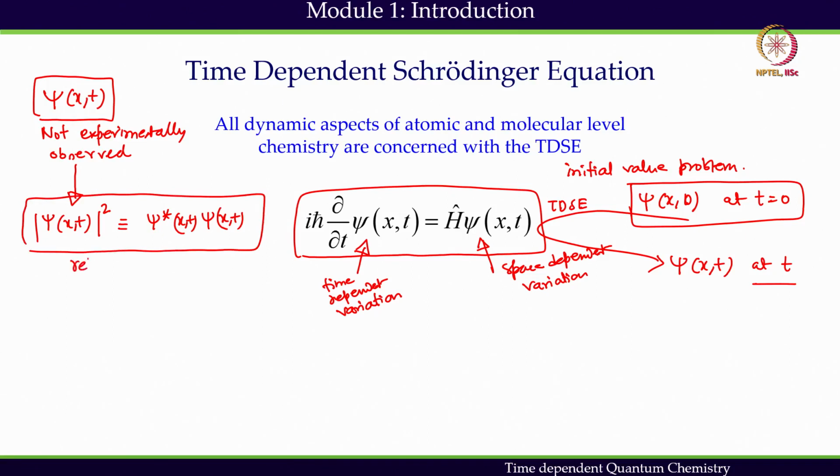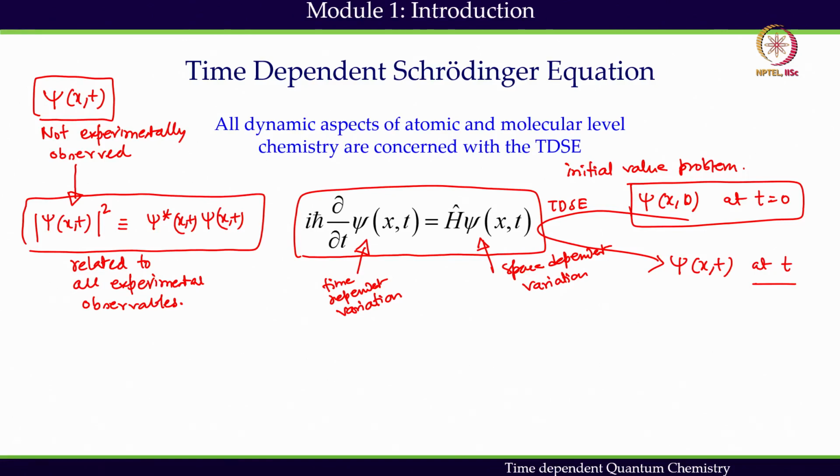So this is what is related to every experimental observable. And that is something which we always remember in this time dependent quantum chemistry course, that the wave function is not directly observable in the experiment.